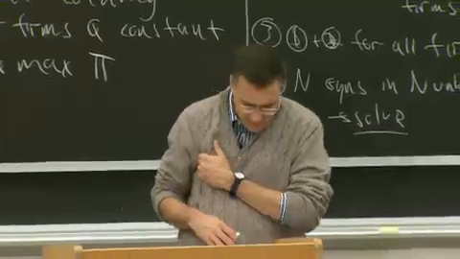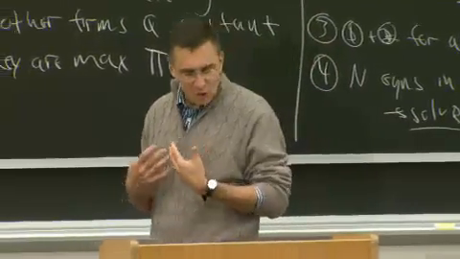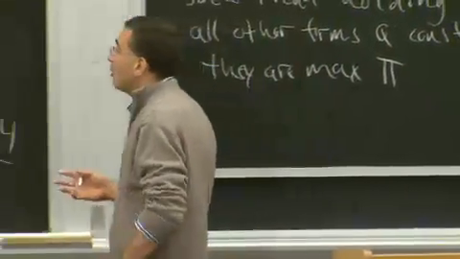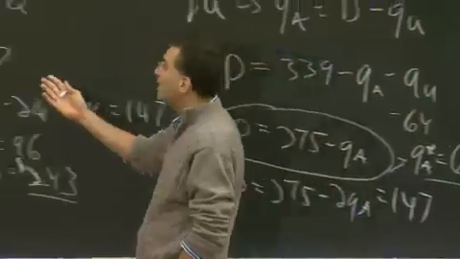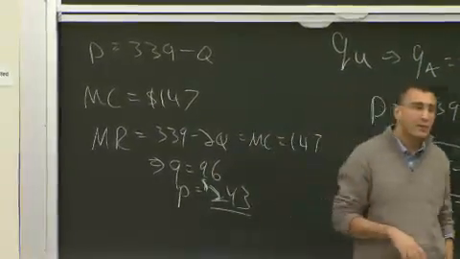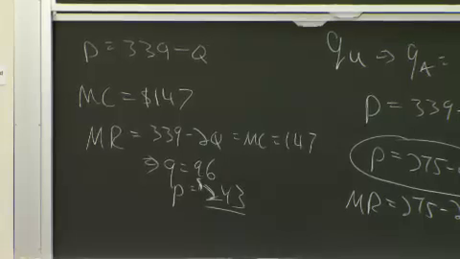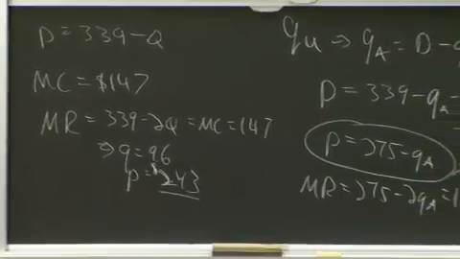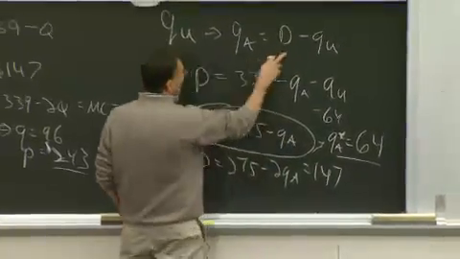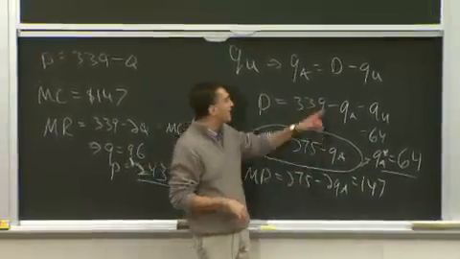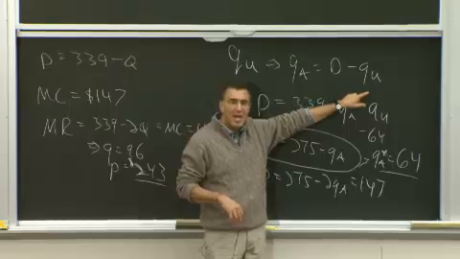If we assume that both firms face the same marginal cost and the same demand curve, then they're solving a symmetric problem. They are also creating a residual demand function, but instead of QA equals D minus QU, now United is making QU equals D minus QA.